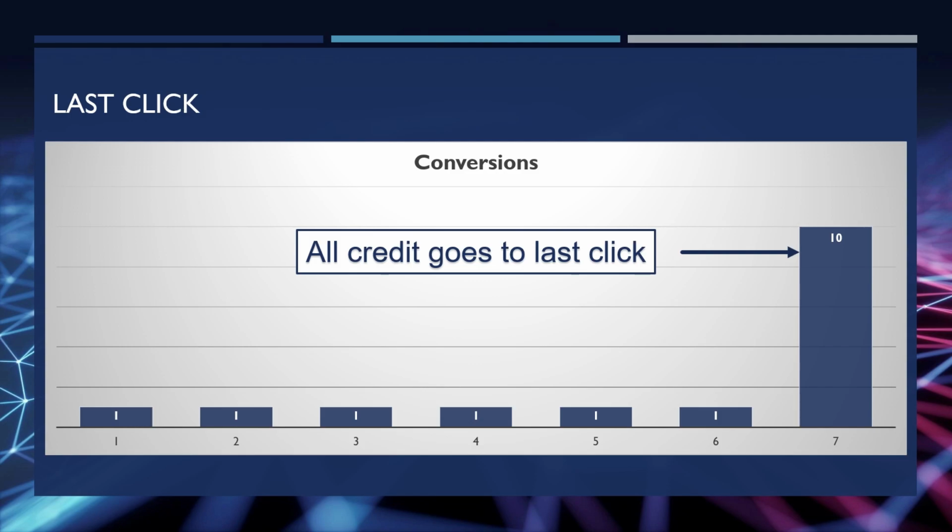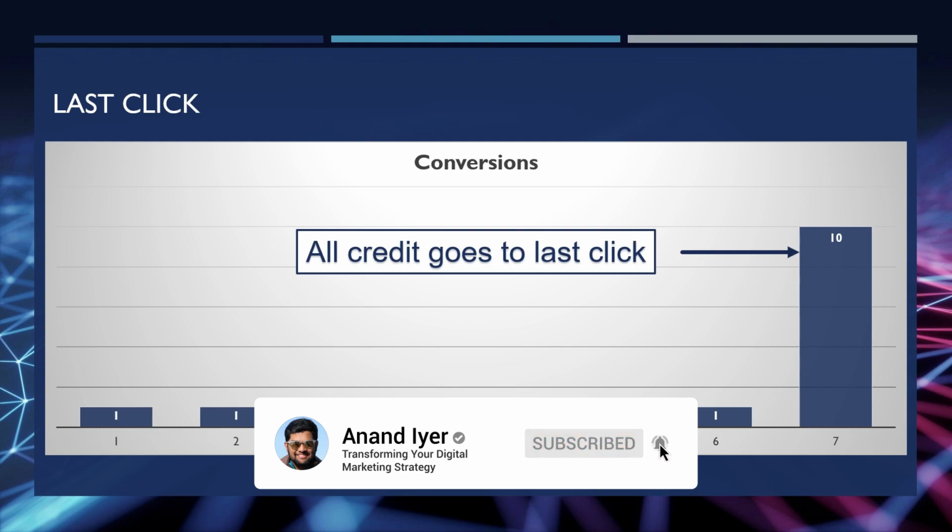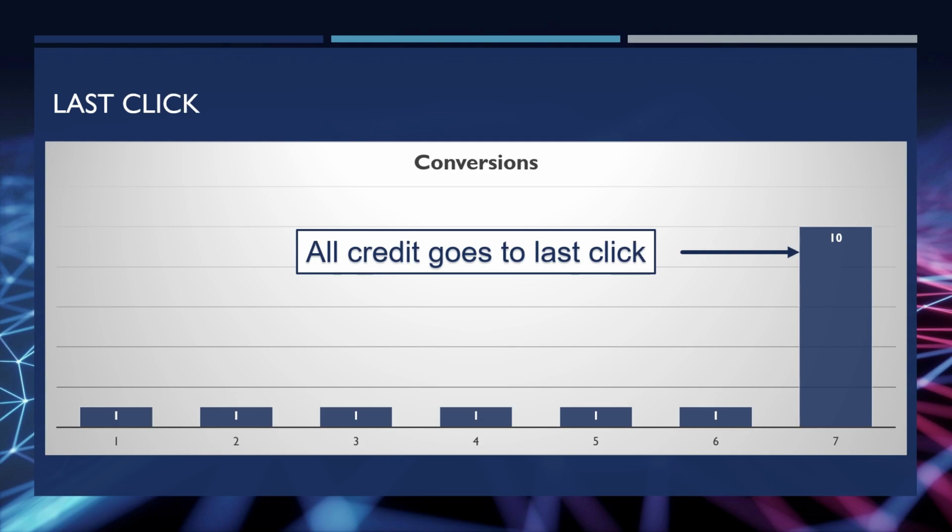If you have an e-commerce store and a customer visits your website using a Google ad, but then they don't convert, but on the same day he or she clicks on a second ad and then they convert, then the credit will go to the second ad because that was the last ad that was clicked, and that's basically the last click attribution model.